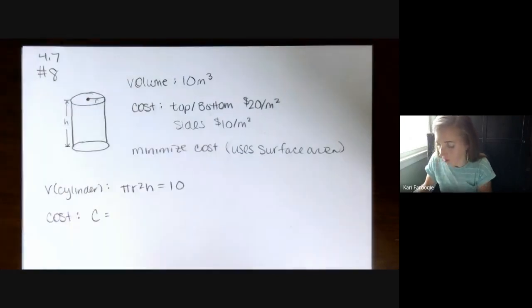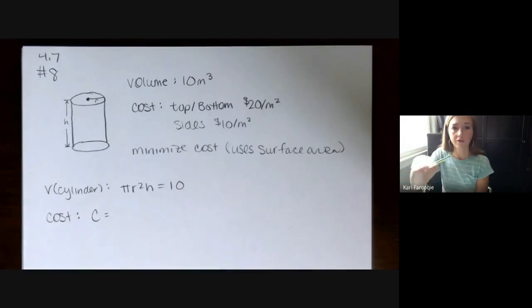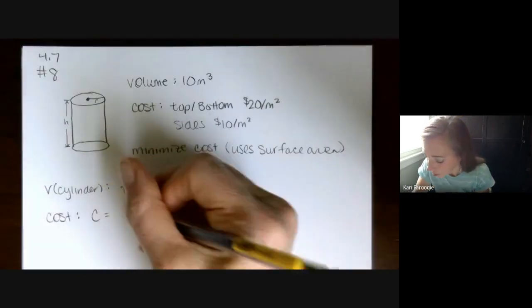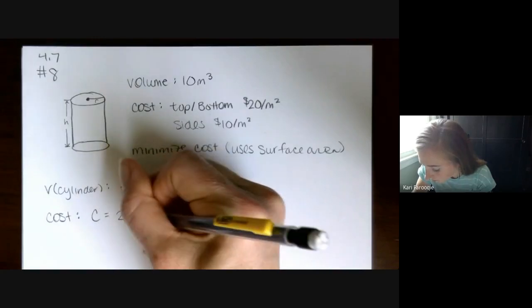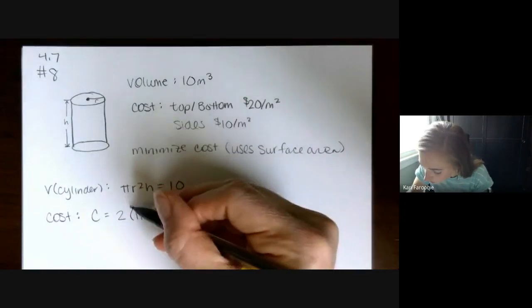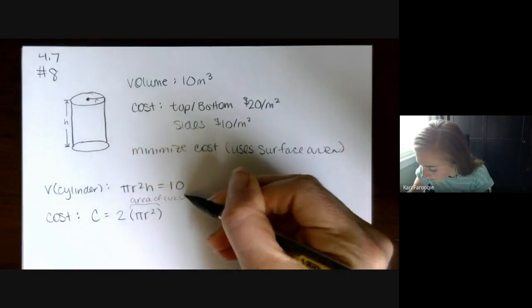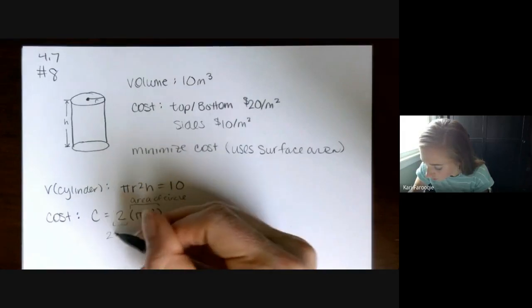C equals, first let's talk about the top and the bottom. So the nice thing is it's just a cylinder. We don't have that situation where we have the hemispheres on top. The area of the circles on the top and the bottom will just be pi r squared for each one. So twice pi r squared. Remember that pi r squared is the area of a circle, and we have two circles.